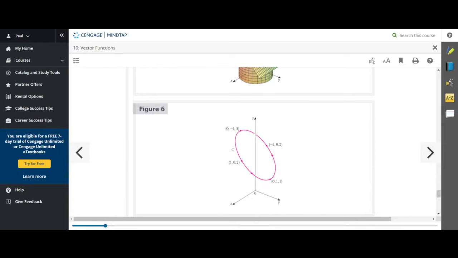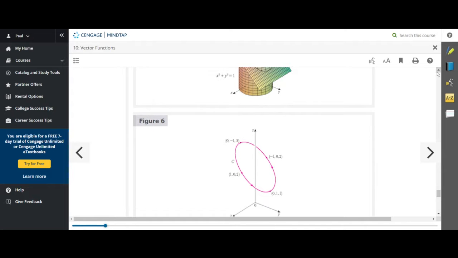So let me ask you, what does the space curve lie on? Well, the space curve is the intersection.